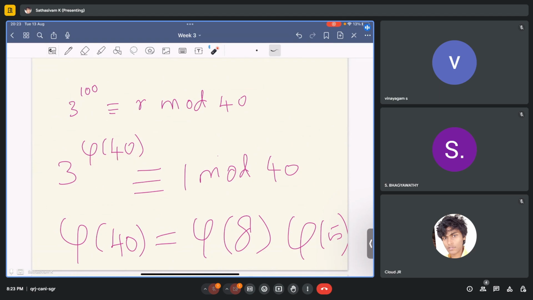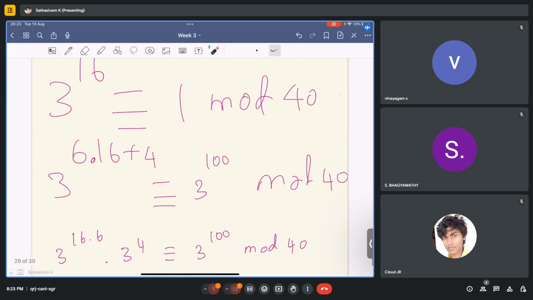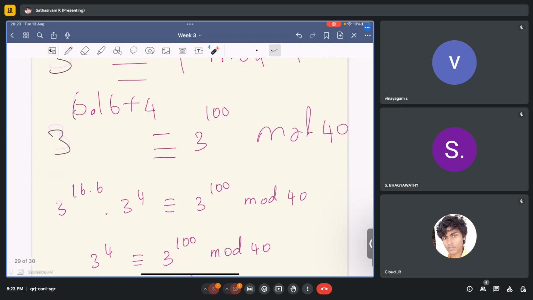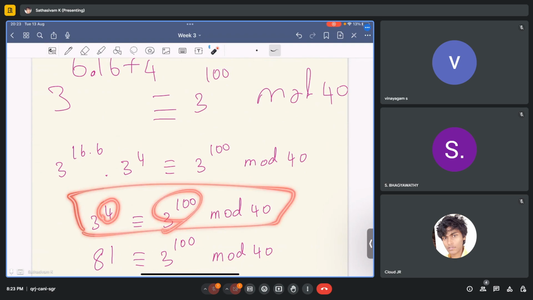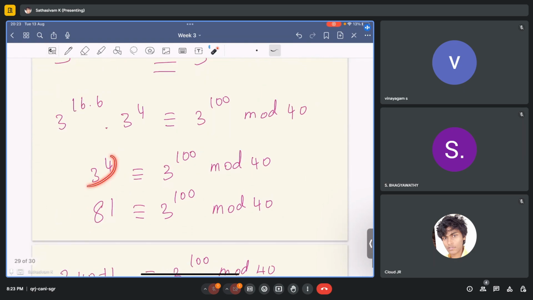So 3 power 16 is congruent to 1 mod 40. But we want to find 3 power 100. Okay. So you just compute it, write it down here and compute it. What you get is 3 power 100 is congruent to 3 power 4 mod 40. Okay. So this 3 power 4 is the r actually.